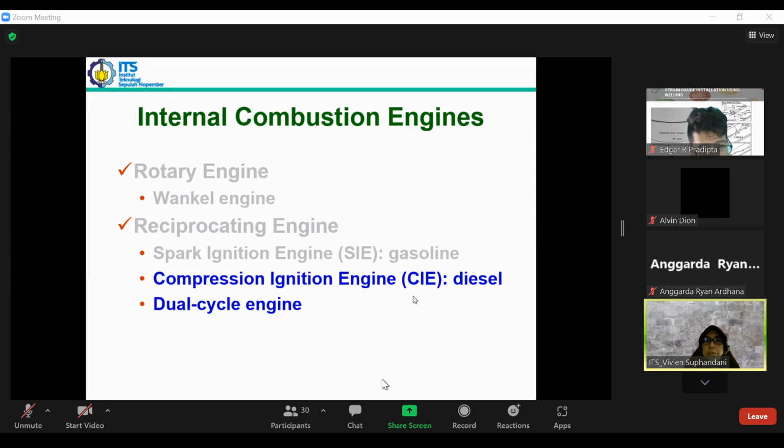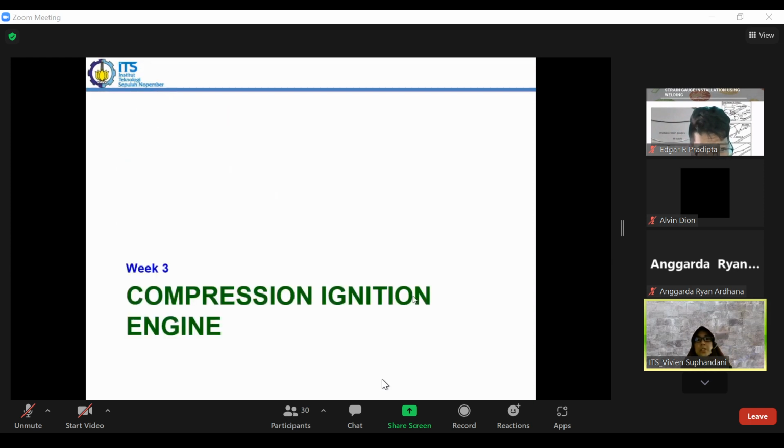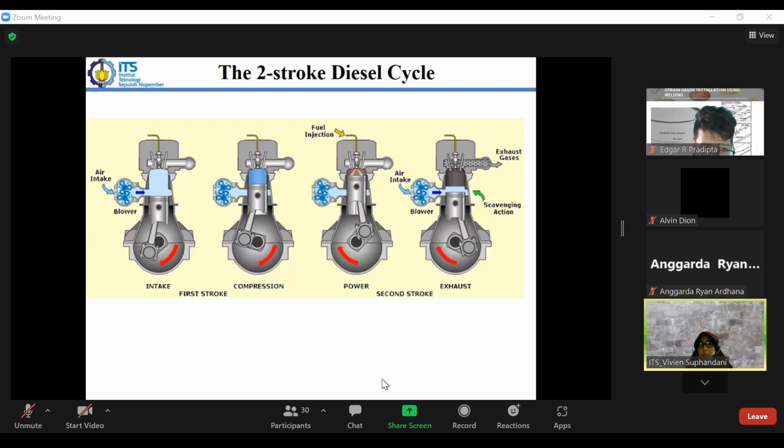The cylinder is almost similar. We have the cylinder, and a piston which moves down and up. The difference is that the compression ratio should be higher in the diesel cycle.